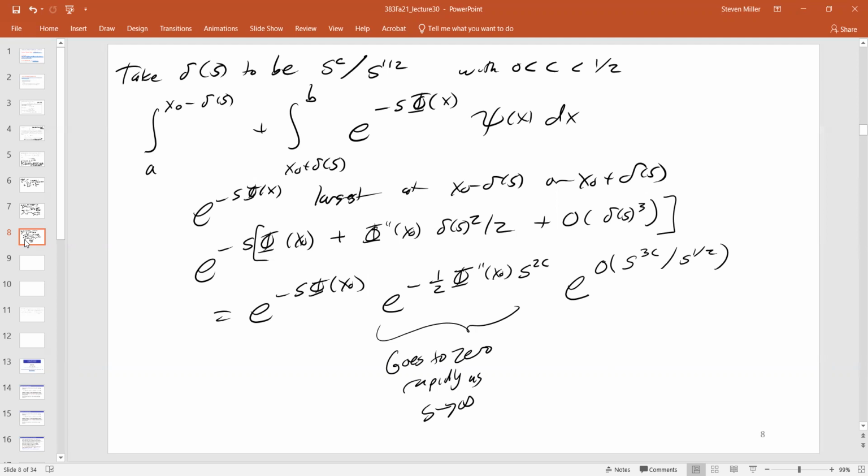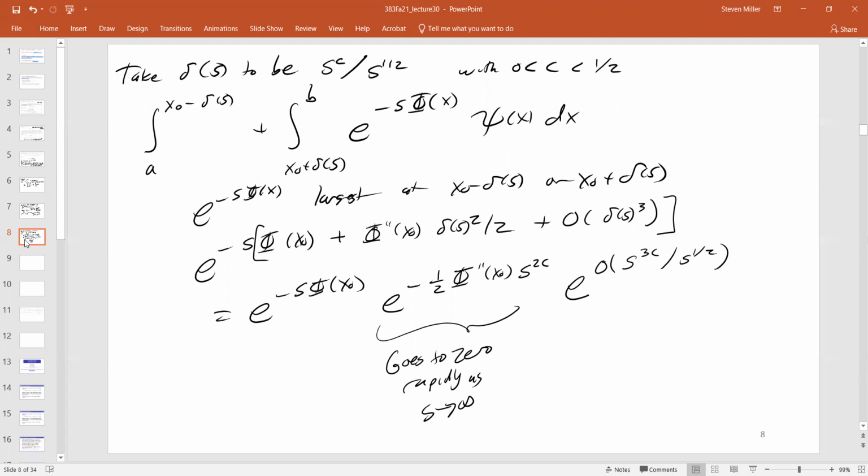So if c is small, it goes to 1. If c is small, then you're going to have basically an exponent that's going to 0, so it's going to go to 1. But does that really bother us? No, because we've already got the middle term going to 0.